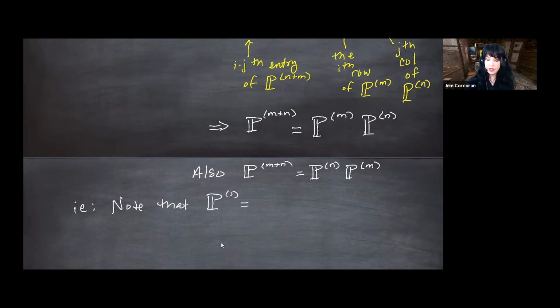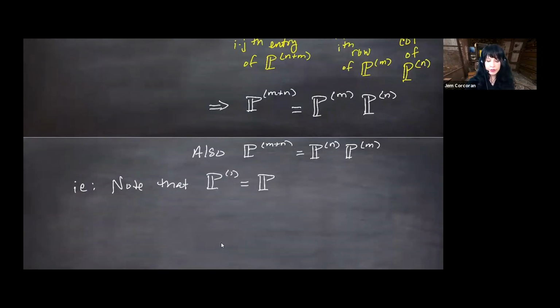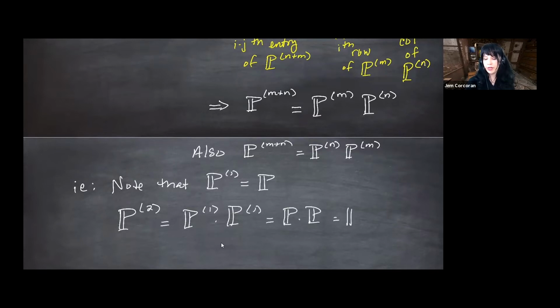So this is just our original P. And so if we want to look at the transition matrix of probabilities in 2 steps, by Chapman-Kolmogorov we know we can break this up into a one-step matrix times a one-step matrix. And by the line just above, we know that this is the original matrix times the original matrix, which is now a matrix squared. So all the way on the left, this just specifies that I've got probabilities in there, which are the probabilities of moving from some i to some j in 2 steps.